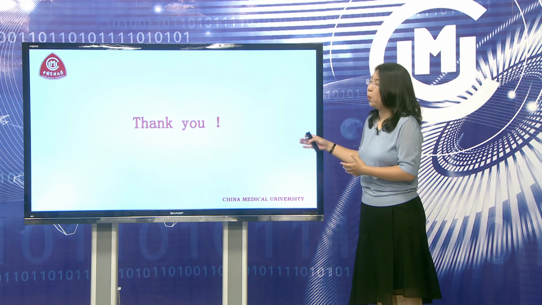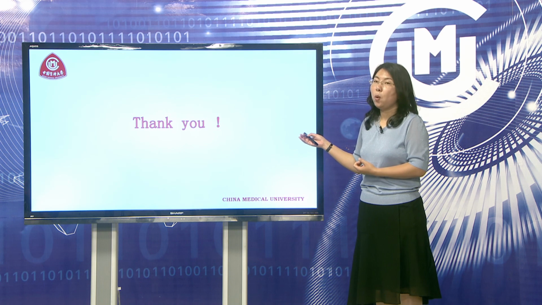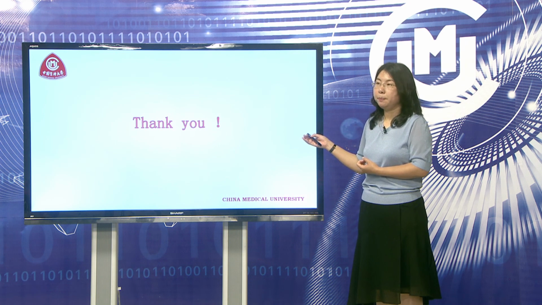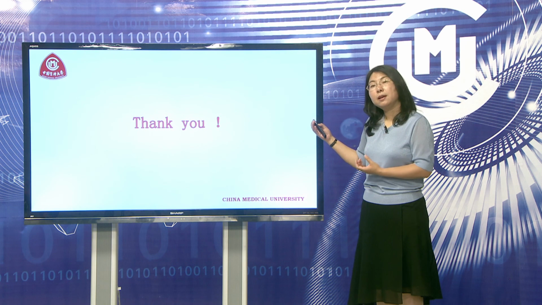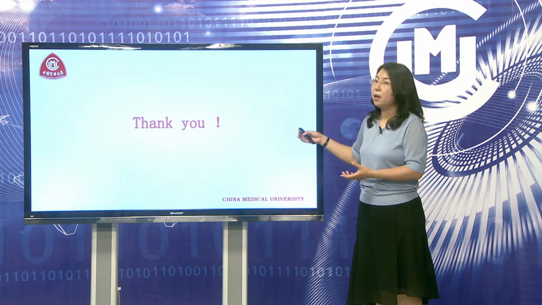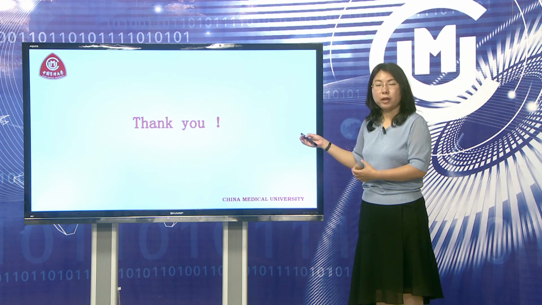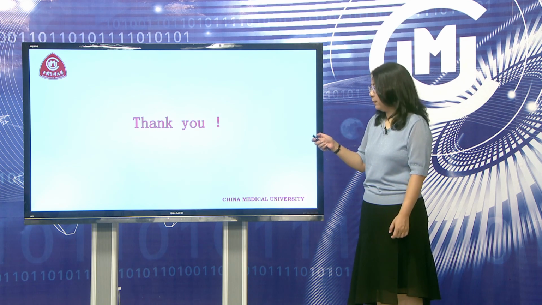You should know the concept of antigen presenting cells, and what is endogenous antigen and what is exogenous antigen. They are different. Because they are different, later we will learn the different pathways for antigen presentation.